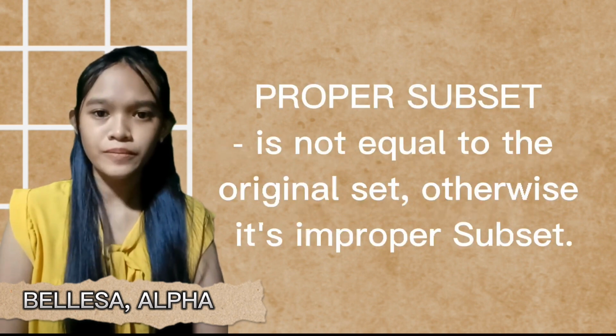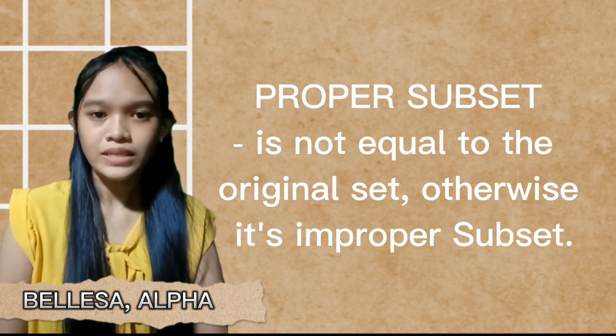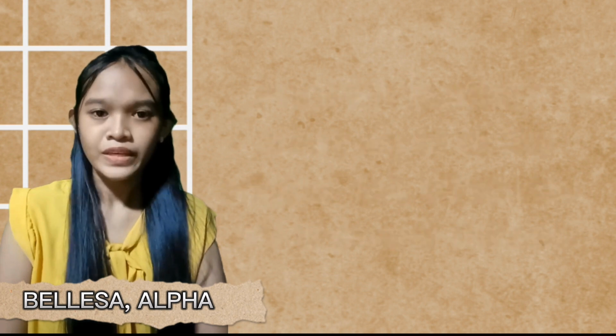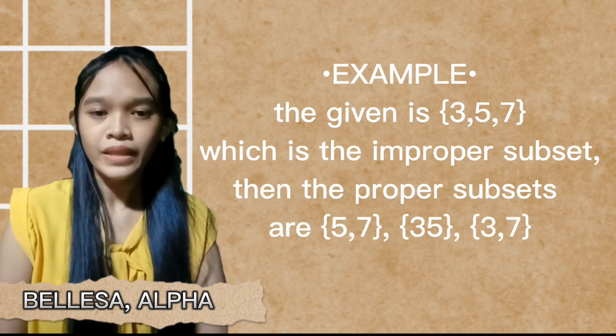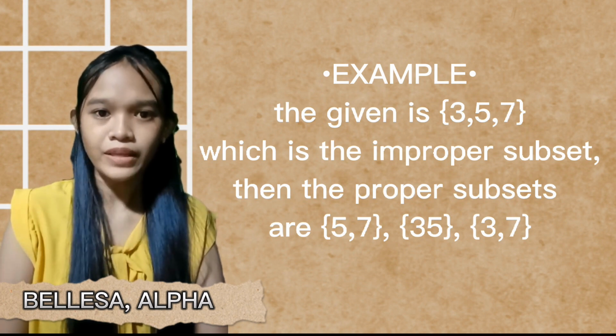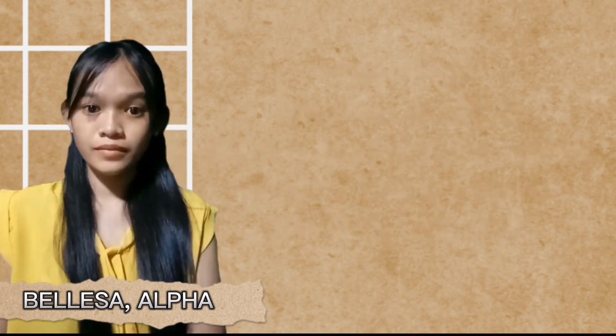Next is proper subset. It is a subset that is not equal to the original set; otherwise it is an improper subset. For example, given {3, 5, 7}, which is the improper subset, the proper subsets are {5, 7}, {3, 5}, and {3, 7}.